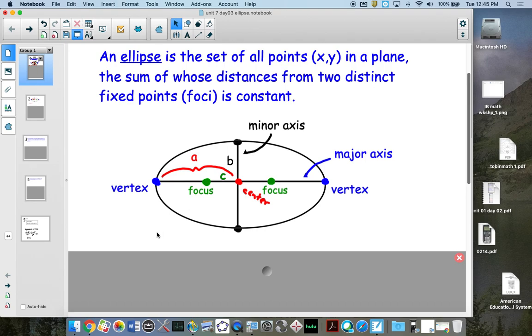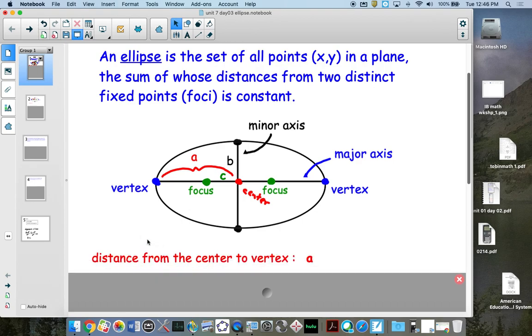Those aren't just random assignments. So let's write this down. The distance from the center to a vertex is A, which means from one vertex all the way to the other vertex would be A plus A, or 2A.